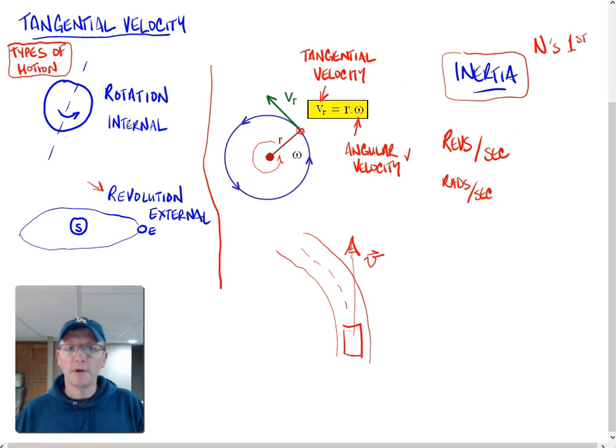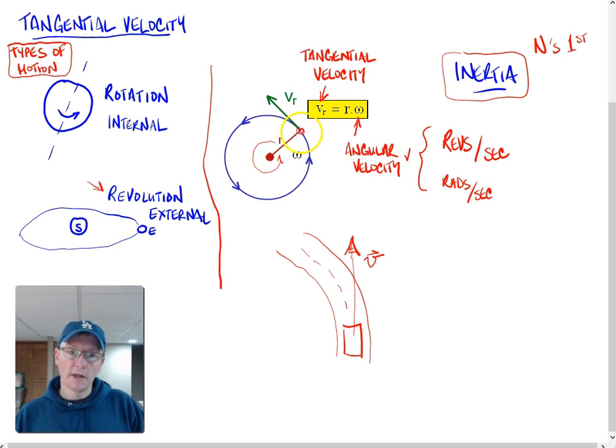So acceptable rate units for angular velocity are revs per second or rads per second. Either one would be fine, remembering that there are 2 pi radians in one revolution.